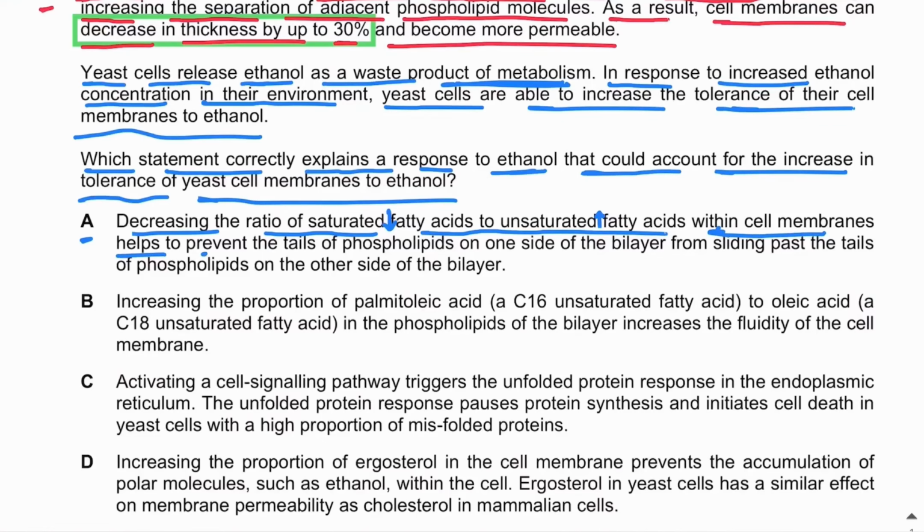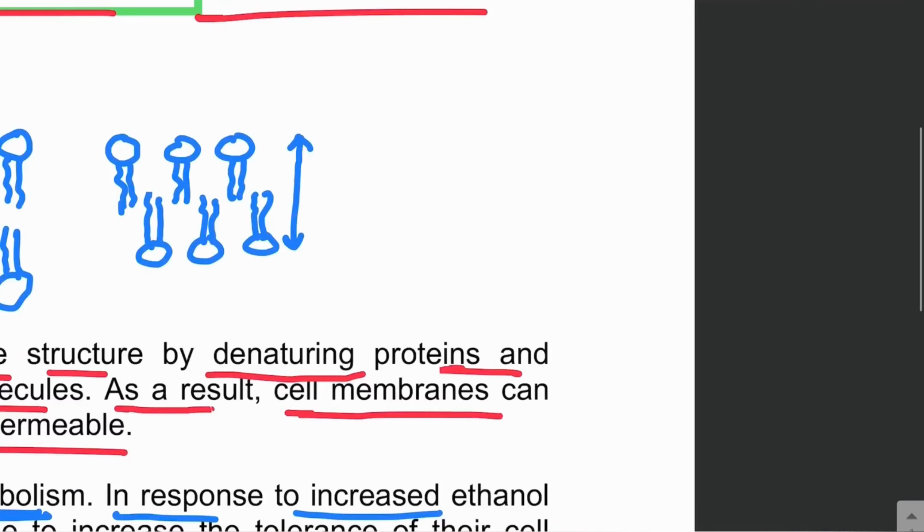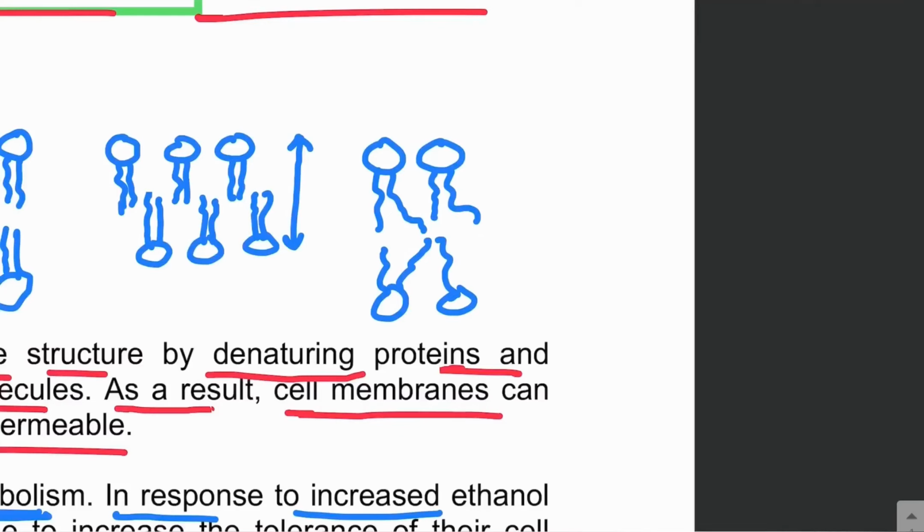This helps to prevent the tails of phospholipids on one side of the bilayer from sliding past the tails of the phospholipids on the other side of the bilayer. Guys, this could be true because if more tails are unsaturated, they are less likely to slide past each other. Do you get my point or no?